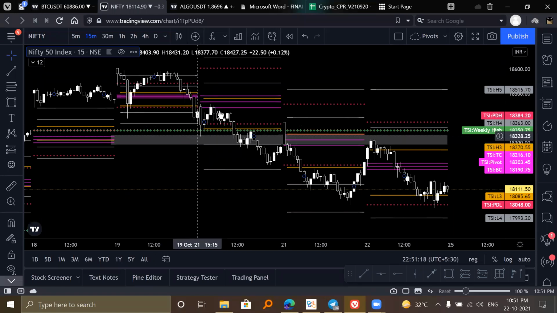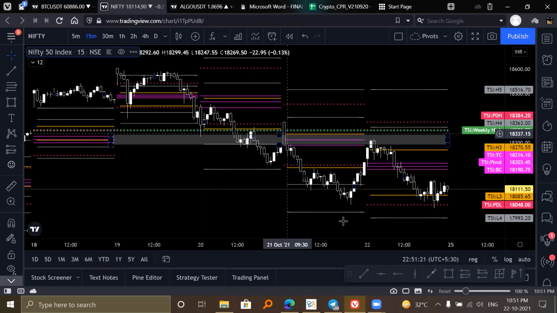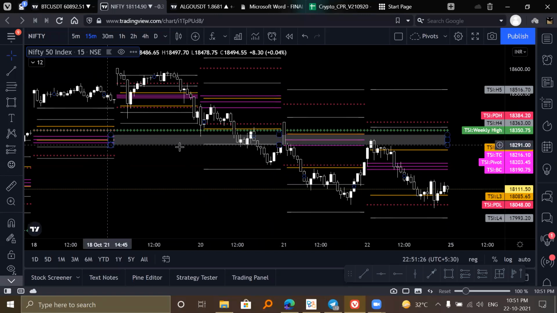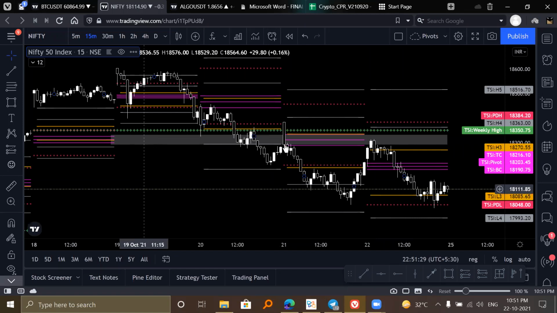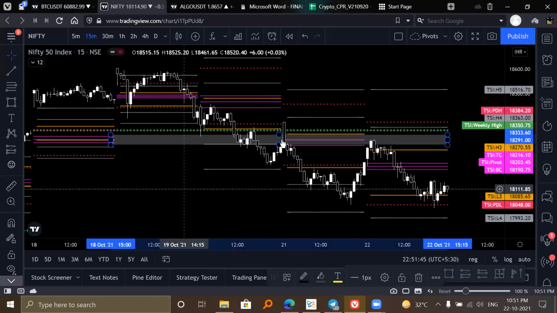This reaction was there, and when it broke, this pullback was there, and again a pullback was there, and price fell from here. So this virgin level acted like a flip zone for many touches, for many days, like 1, 2, 3, 4 opportunities it gave. So this was all about virgin levels and virgin money zone levels too, virgin shipyard and virgin money zone levels too.